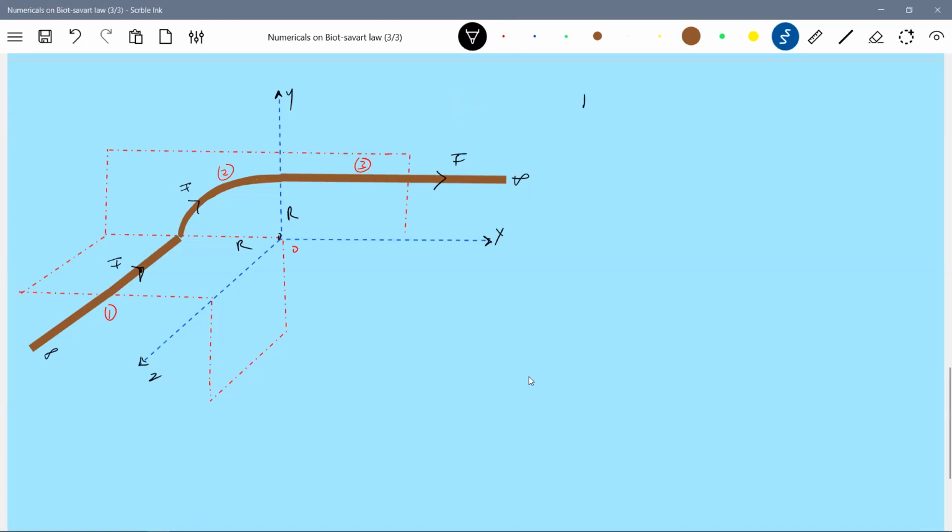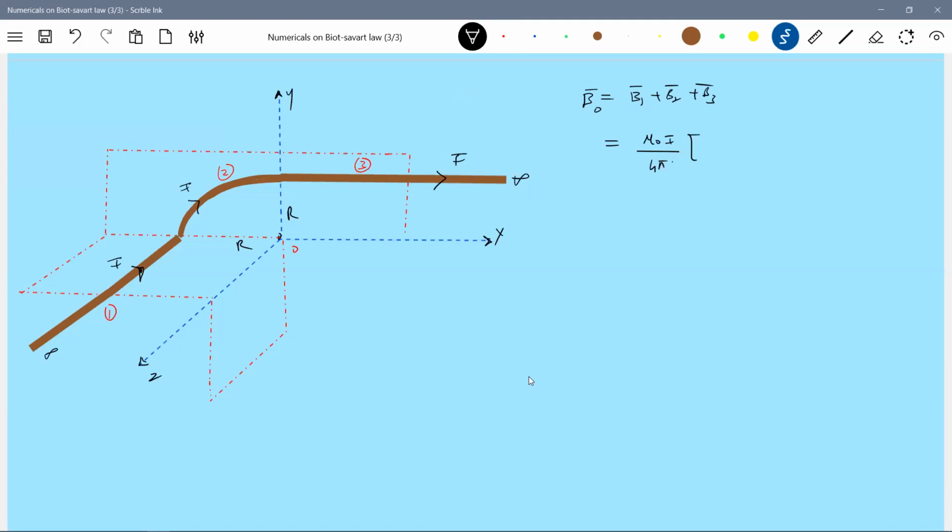So the resultant field B bar equals B naught equals B1 plus B2 plus B3. B1, it's a semi-infinite wire. So what is the formula for a semi-infinite wire? Mu naught I by 4 pi D, sine alpha.